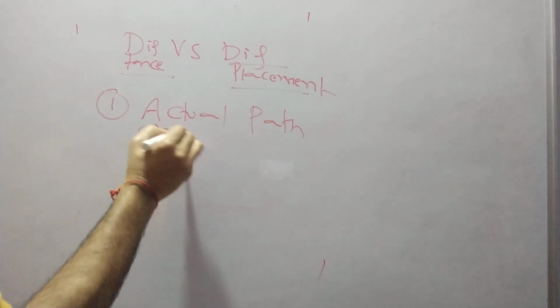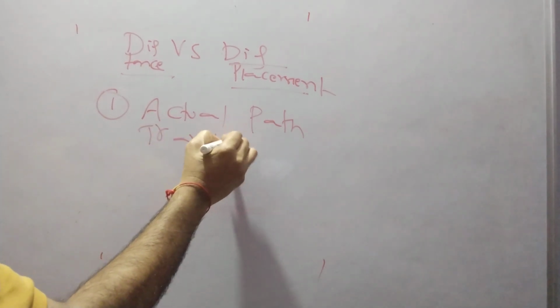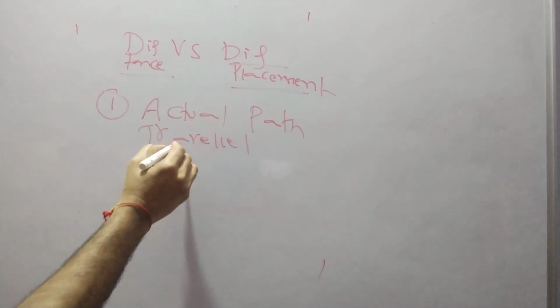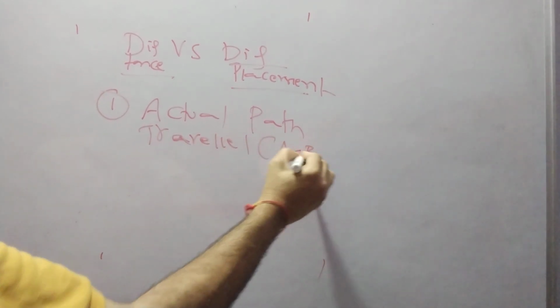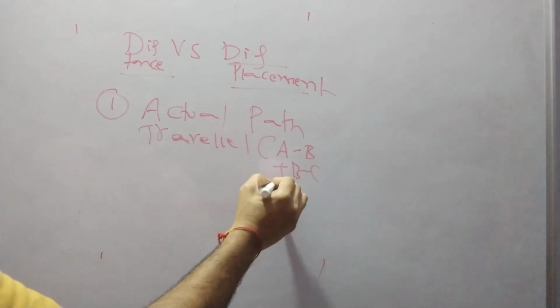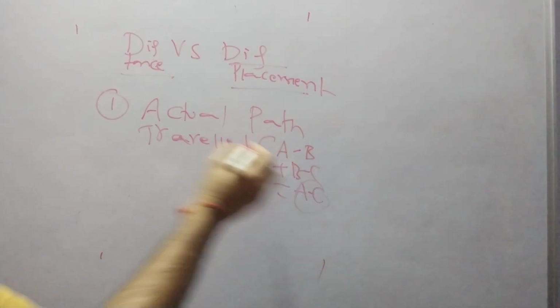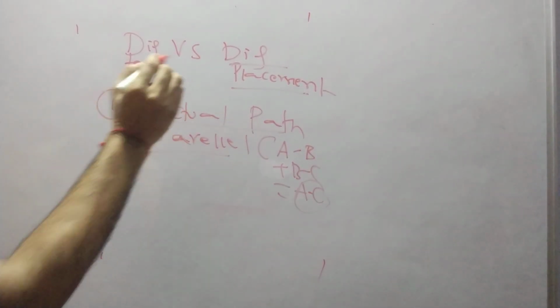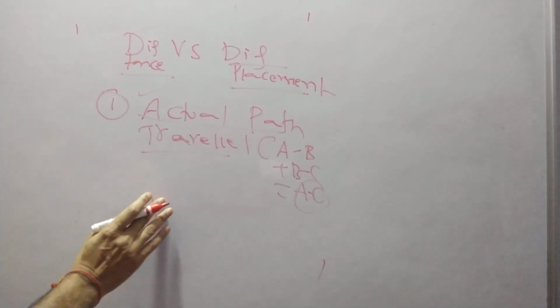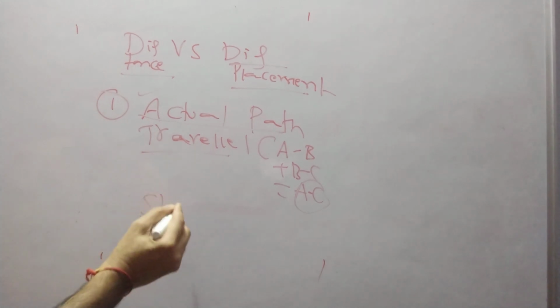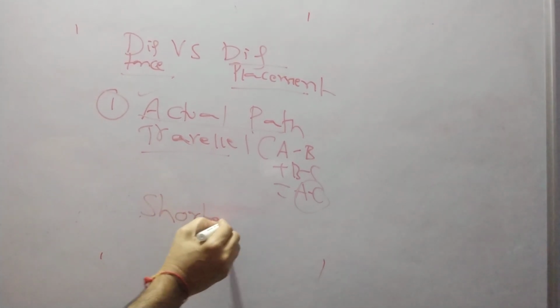In the figure, from A to C, that is A to B and B to C, A to B plus B to C is the actual path travelled. This is the distance. The displacement is not the actual, but the shortest path.